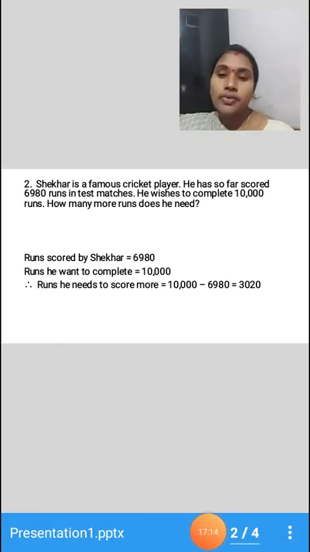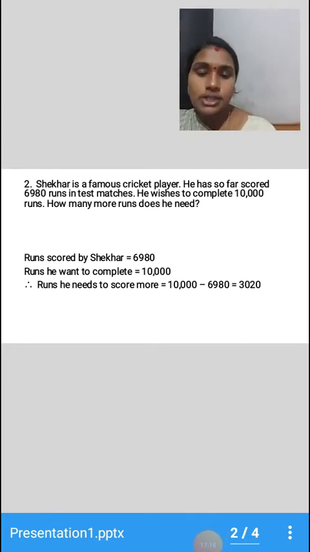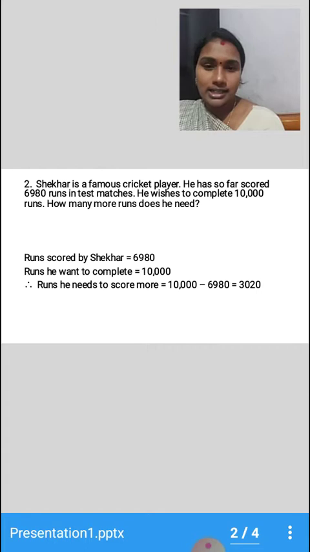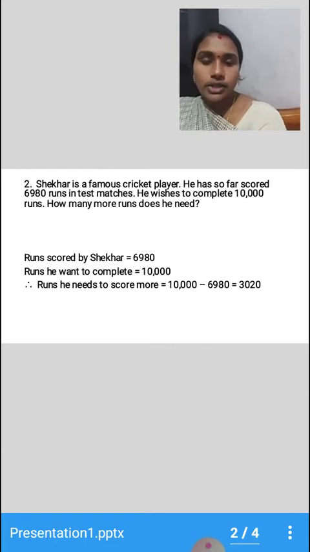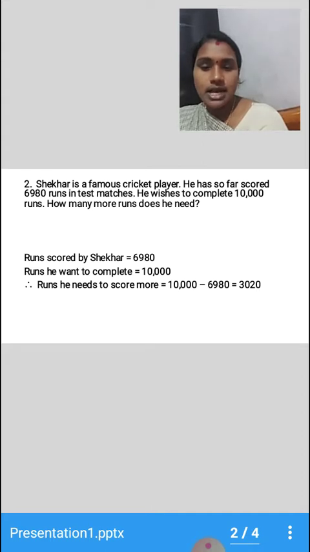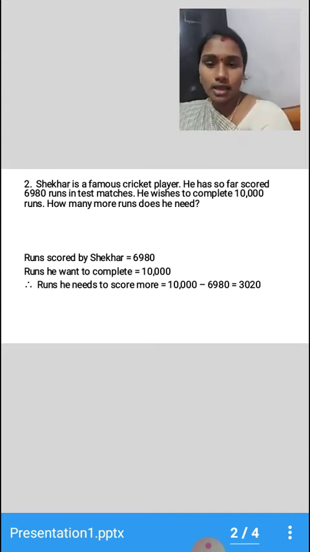So, how many runs he needs to score more to get 10,000? That is what is asked. So here there is no addition. We have to subtract. So first statement will be runs scored by Shekhar is equal to 6,980. Runs he wants to complete is equal to 10,000.